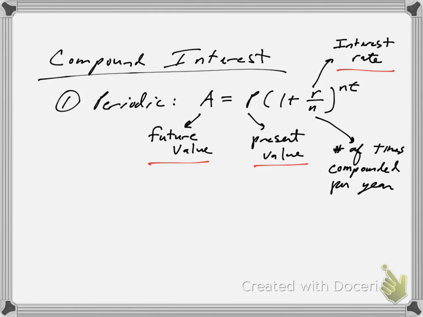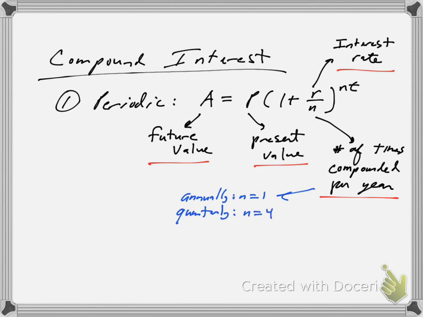That means that N would be 1. So a little side note here that for this one, if it's compounded annually, then N would be 1. If it's compounded quarterly, I'm just giving you some examples, then N would be 4. That means that it's compounded 4 times a year.